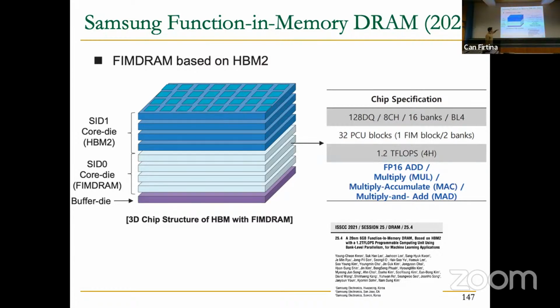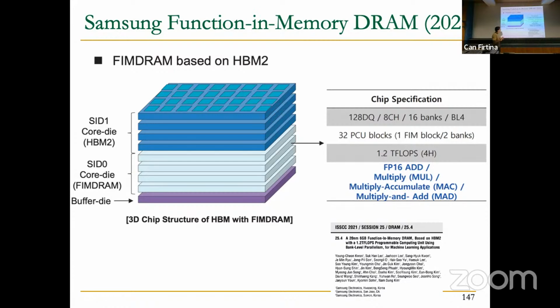This HBM memory is in the end a 3D stack memory. As you see, there is this buffer die that is logic, and then there are several layers of DRAM memory, and this is essentially the way of creating a memory organization that is high bandwidth.